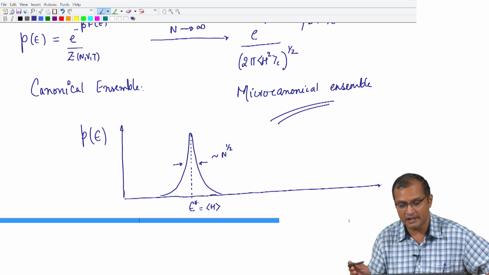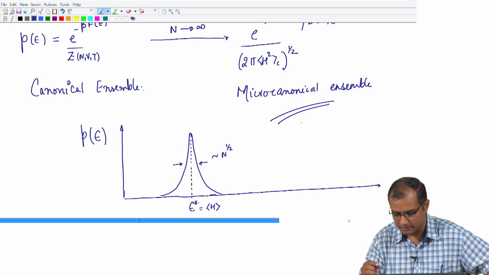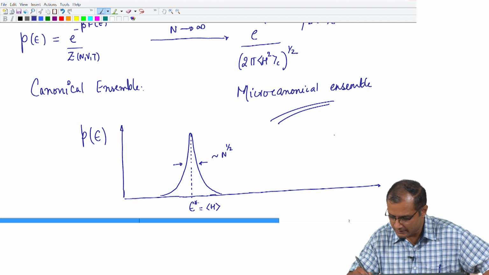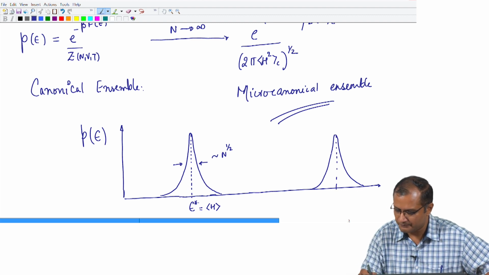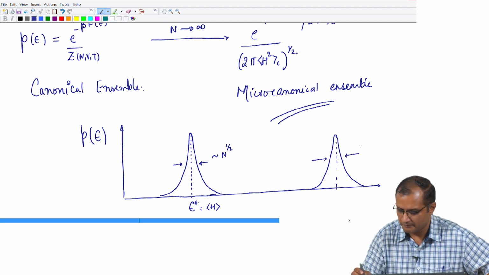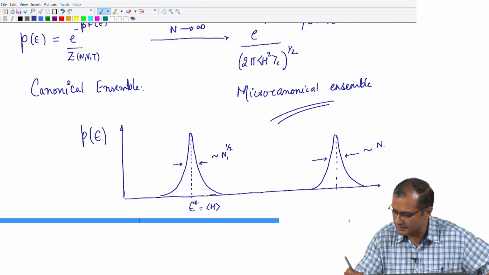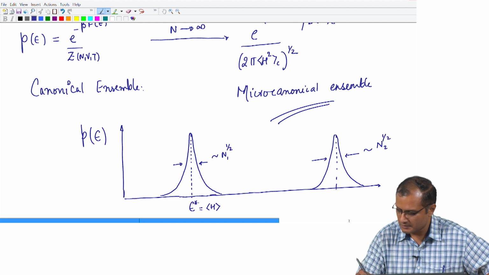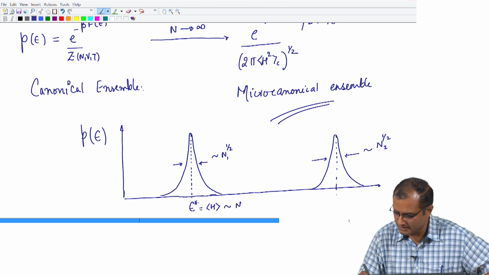So, if I increase n, what would happen is the distribution gets wider, but the ratio of width to mean. So, suppose I say this is n1 and this is n2. I know this will scale as n. So, here the location of this would also scale as n.